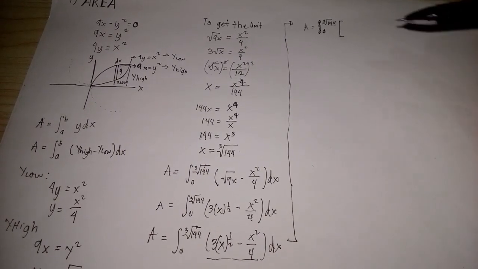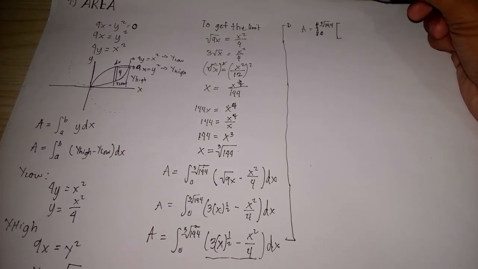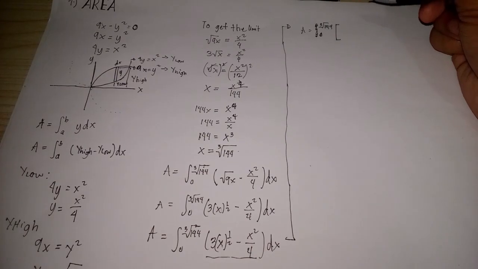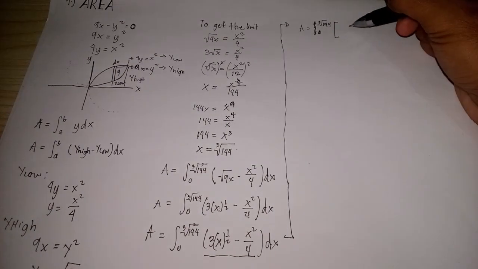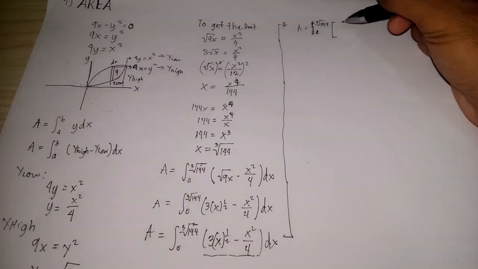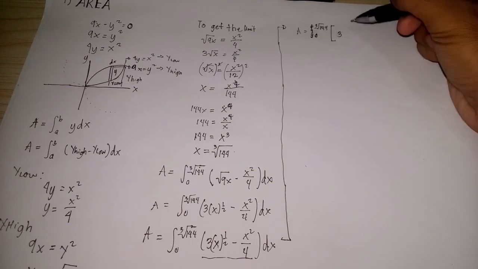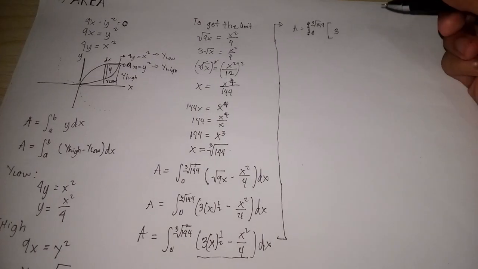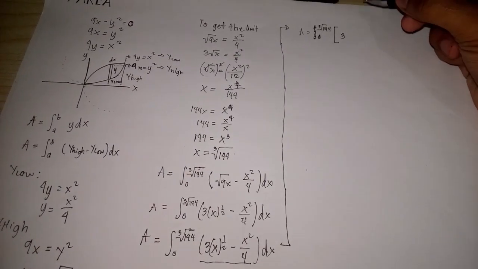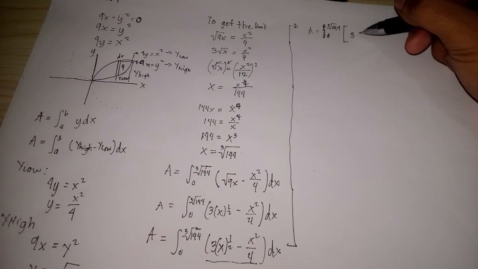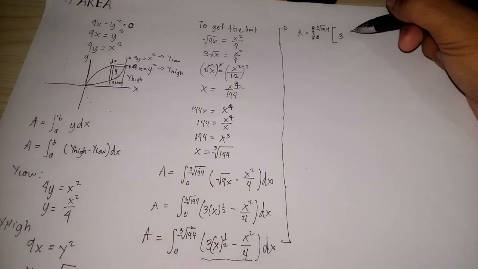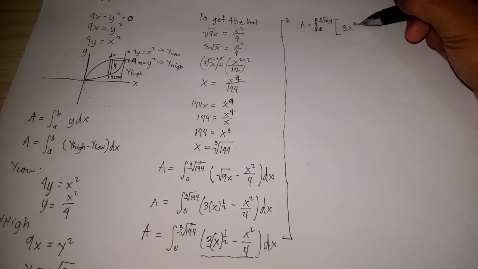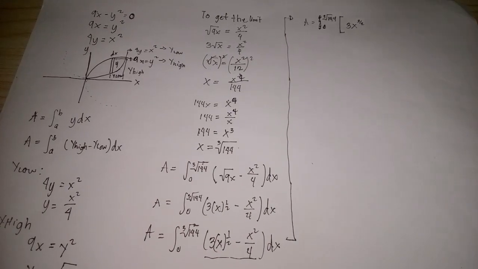So x raised to 3 halves over 3 halves, then 6 over 2 is equal to 3. That's since we've integrated it already. So this is 3x raised to 3 halves.